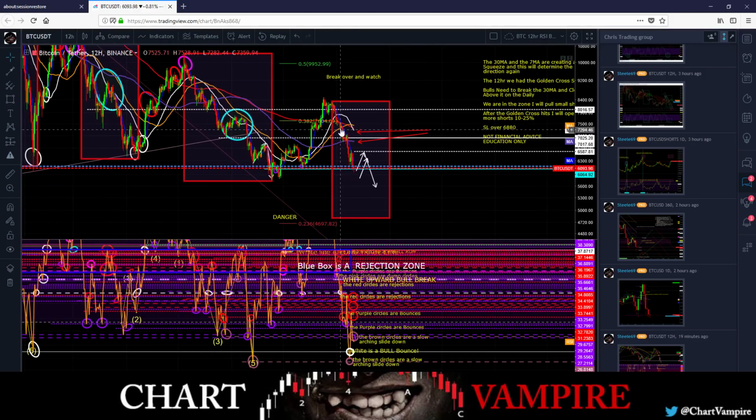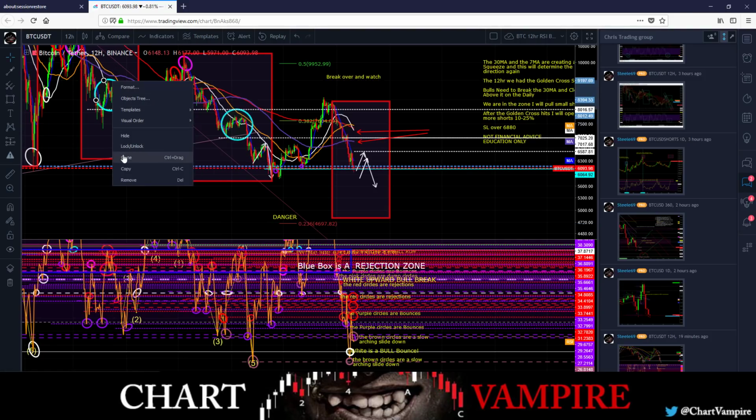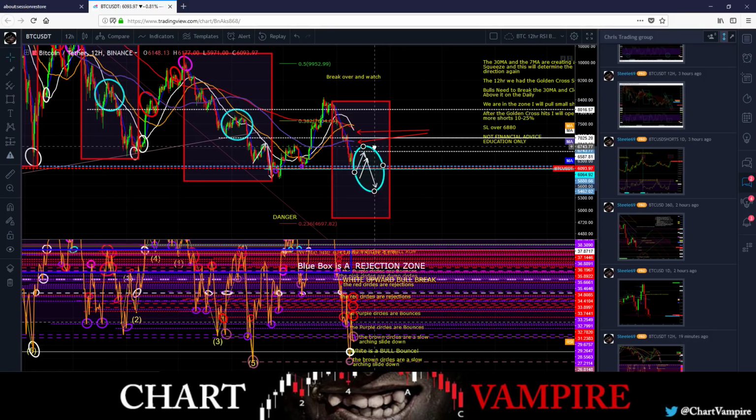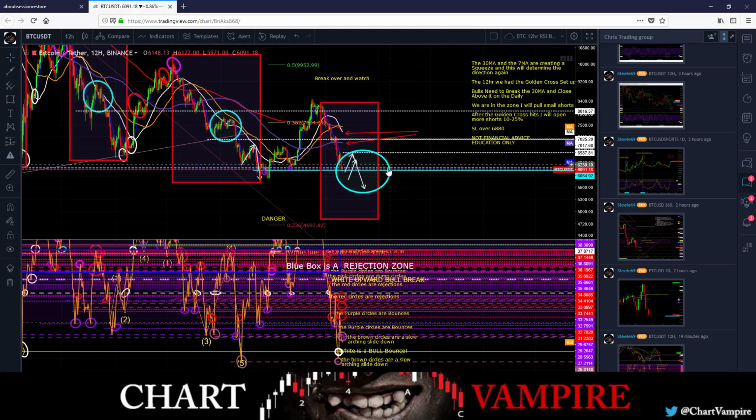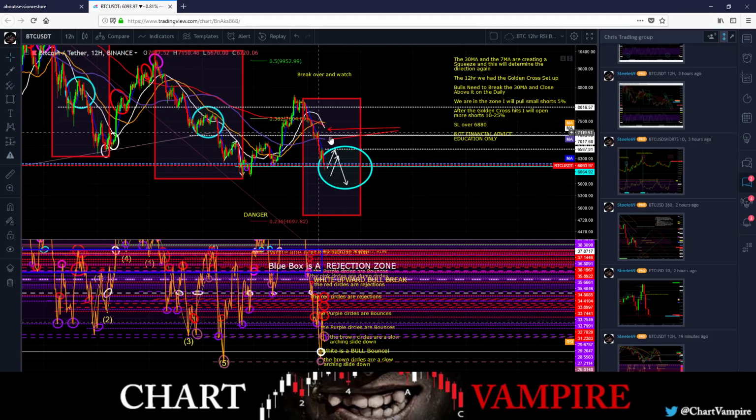So I still see that we have to do this. This has to occur. So somewhere in here, you're going to get a double touch. So we're watching for this cross to happen, right? For this cross to happen, this will give us a good idea also of a bounce. So when this cross happens, we should see a bounce, okay?